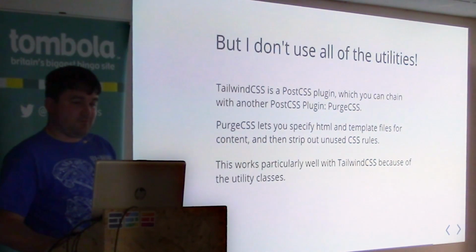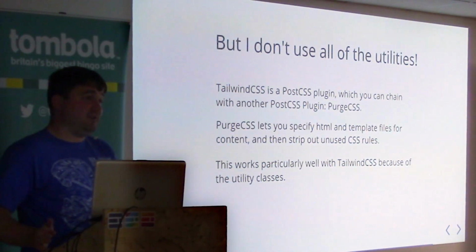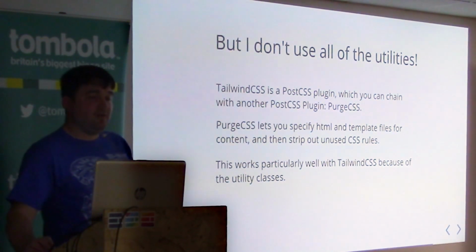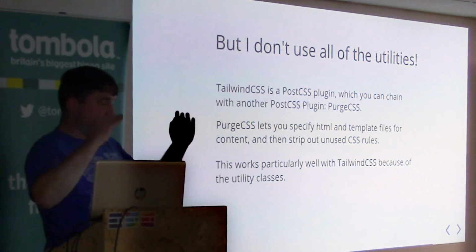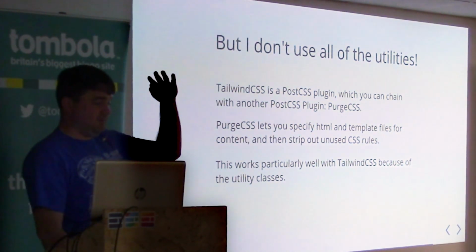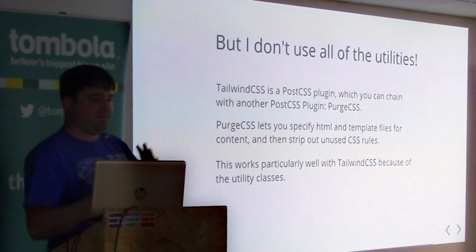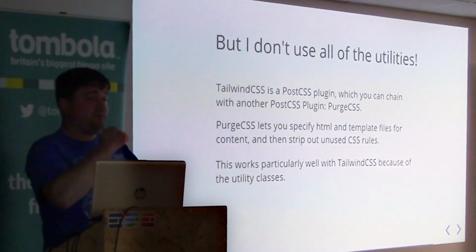And so let's say you don't use all of the utilities, which is going to be a concern. Because if you've got this big Tailwind thing with like 1,000 utility classes, they're all going to be put in your CSS. But Tailwind's a PostCSS plugin, and you can chain PostCSS plugins.